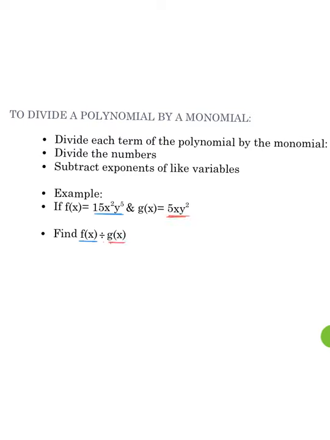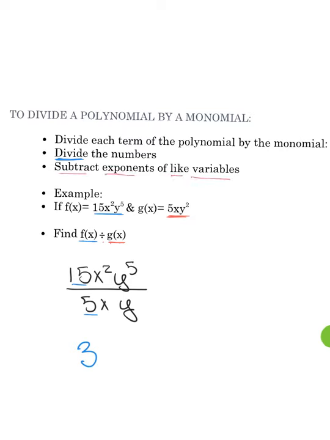I personally think it's easier to write them as fractions, so I would write 15x squared y to the fifth divided by 5xy. If I look at the notes and the steps, we're going to divide the numbers. So 15 divided by 5 is 3. And we're going to then subtract the exponents of like variables.